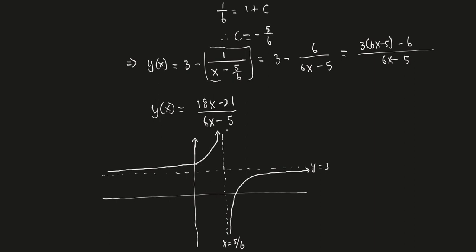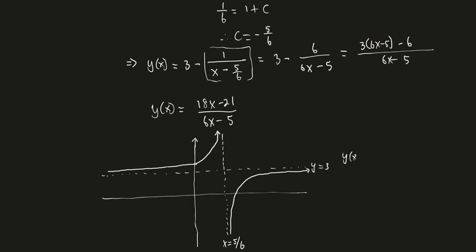So as a function, as if I just gave you this, take the differential equation part out of it, so it's just a standalone function of real variables, then this would be its plot, and we would say, this function has a domain.